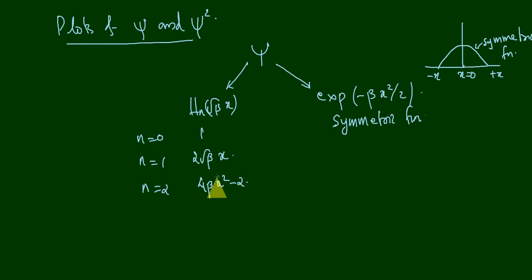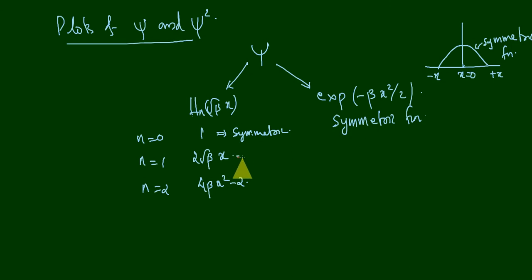Now you look at these functions. 1 means it is just a constant, so that is symmetric. Okay, this is symmetric, that is independent of x, so obviously it is symmetric. It is not going to affect the symmetry of the entire function. That is what is meant by saying symmetric. And what about this one? That depends upon x. So for plus x and minus x values, you will get different values for this expression.